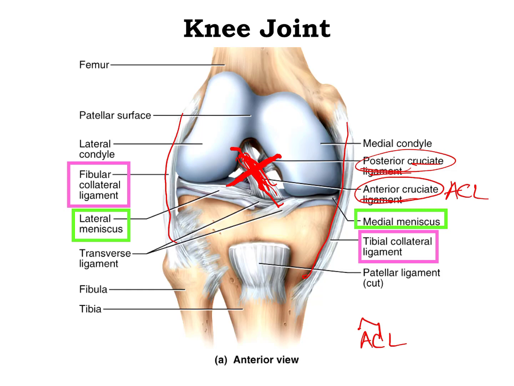So you have a fibular collateral ligament and a tibial collateral ligament. And there's also a patellar ligament that goes across the patella to hold the patella in place. So there's a lot of different ligaments here, and a lot of knee injuries are related to one of these ligaments getting torn.